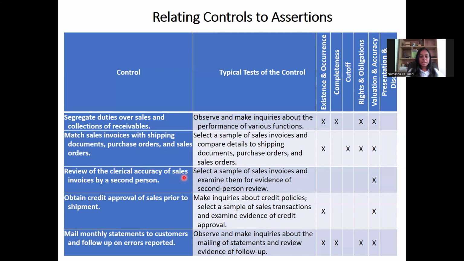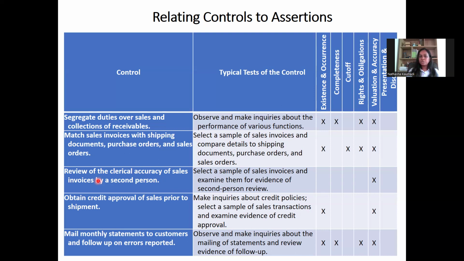Review of the clerical accuracy of sales invoices by a second person. A second person is checking the accuracy of the sales invoice. The test: select a sample of sales invoices and examine them for evidence of second person review. If a second person has come and checked the mathematical accuracy, then there should be evidence.